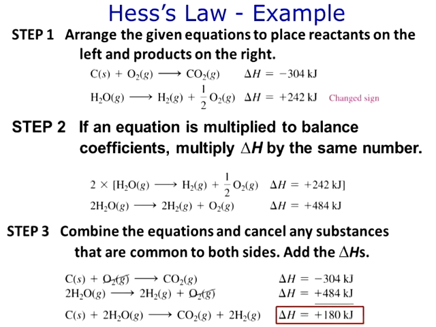So we have these two reactions that summarize the single reaction. We note that carbon plus oxygen gives carbon dioxide with a delta H of minus 304.